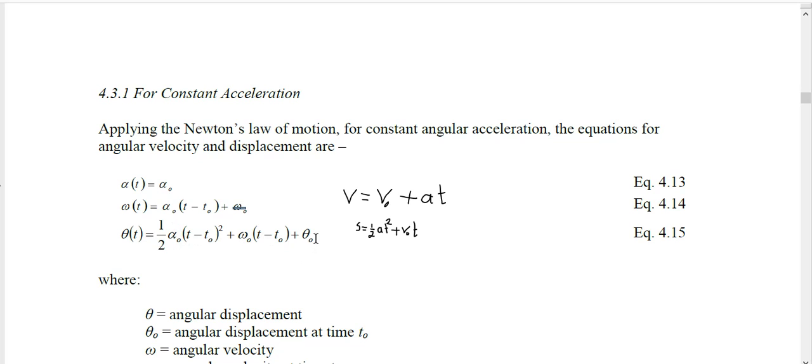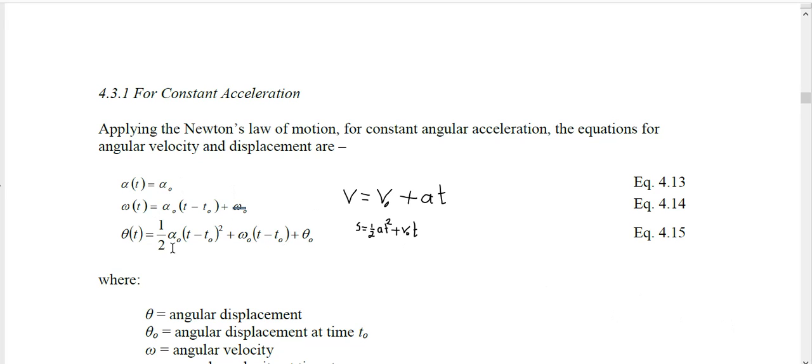Now this theta naught, t naught, it is just the initial. t naught means initial time, theta naught means initial displacement, and typically these values are 0. I can write here t minus t naught, or here t minus t naught square. So t naught, theta naught, it is just the initial, my reference point. Typically those values are taken as 0.